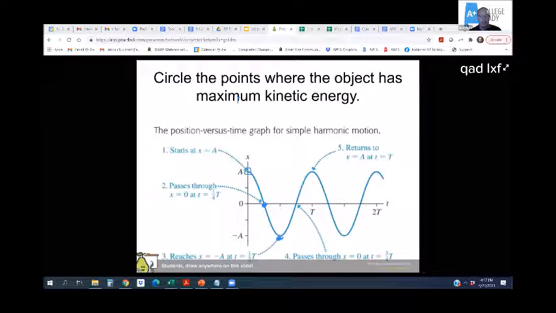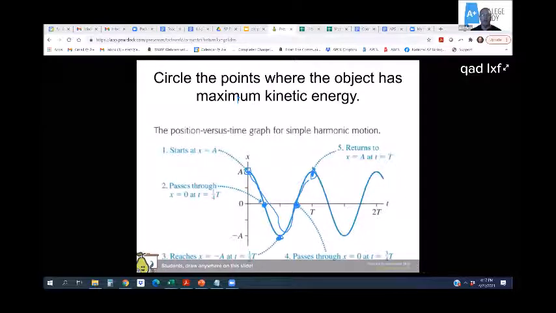So it starts heading back toward the right. It's going to cross the equilibrium point again, right in here. At that time, we're at 3/4 of the period. It's going to continue back toward the right until eventually it gets back to where it started, maximum displacement on the right. So the time for it to go from maximum displacement on the right, move to the left, back to equilibrium, and back to the right, that time is 1 period.